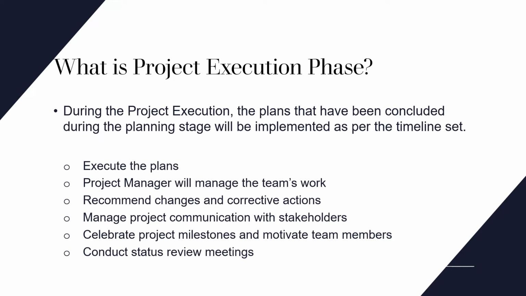The triple constraint is something that we review to ensure that the project is delivered according to it, which involves cost, scope, timeline and quality. So if it doesn't impact, then you need to review the changes and implement them, right?